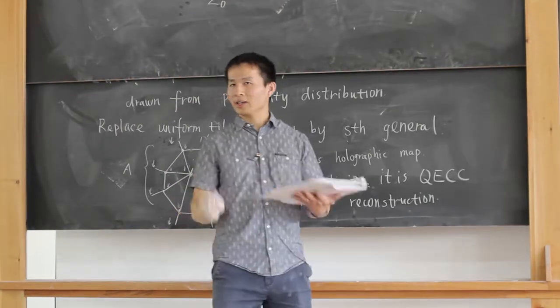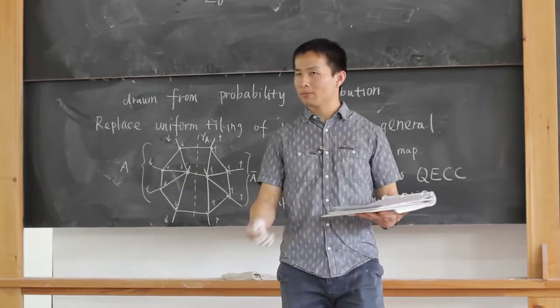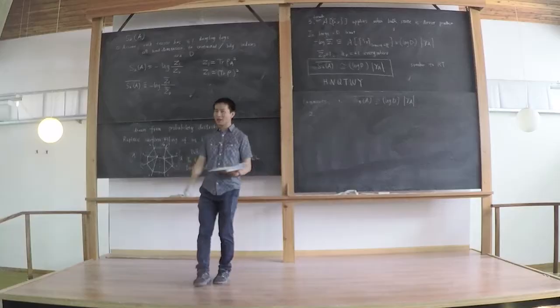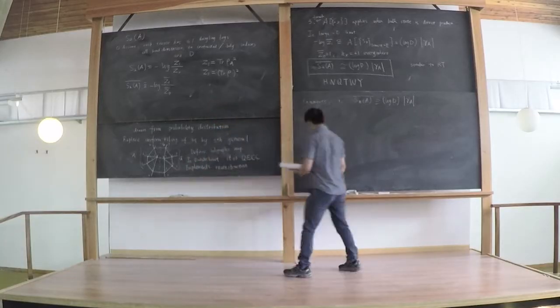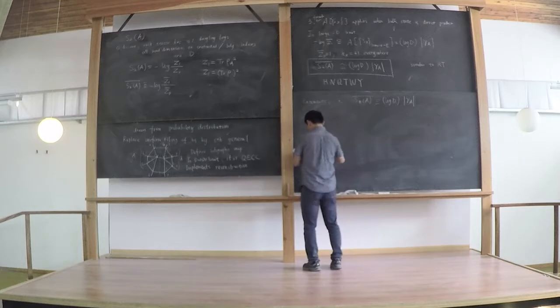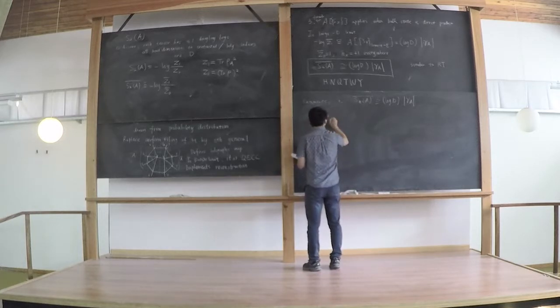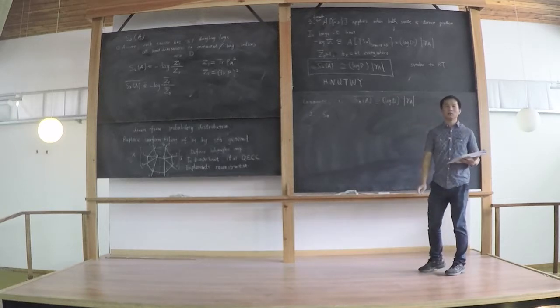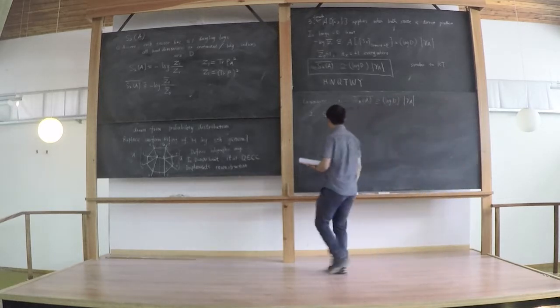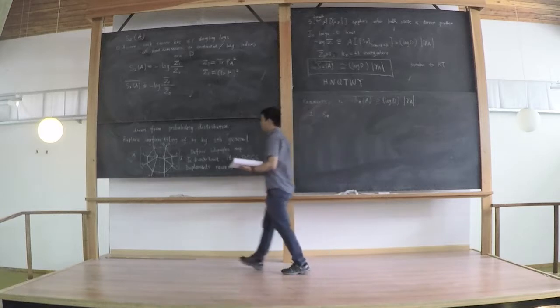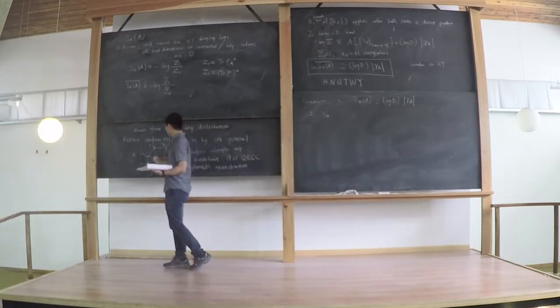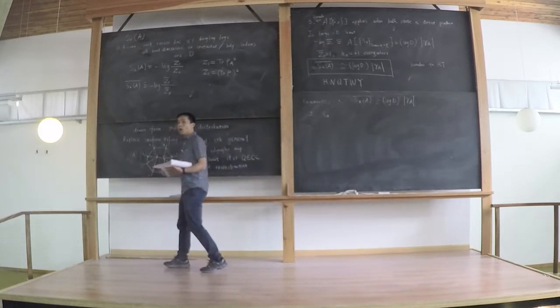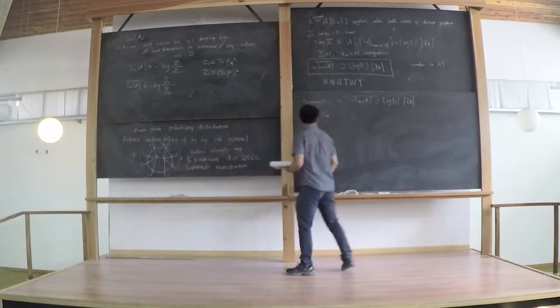We can feed any state we want. It can be a direct product state. It can also be an entangled state. In the general case, we will have some correction to the action of the Ising model. The correction to the Ising model will take the form of the entanglement between the two sides of the domain wall for the bulk dangling legs.